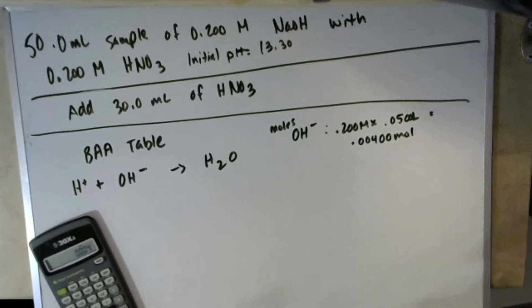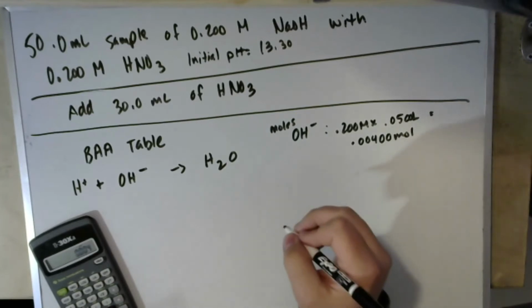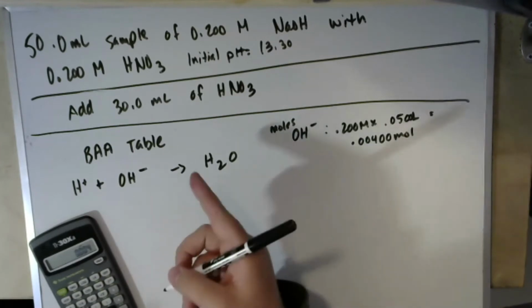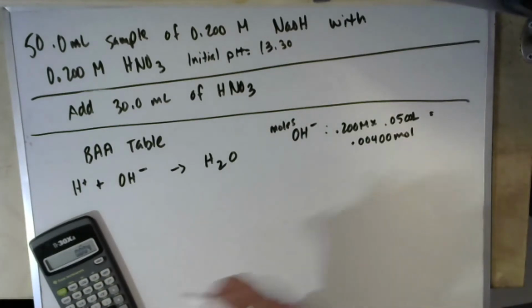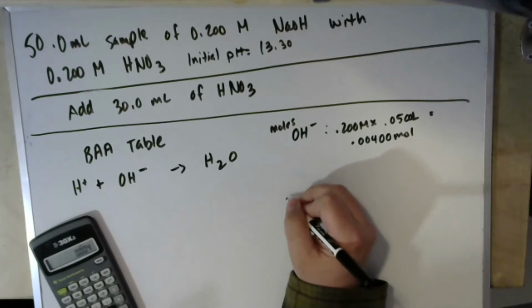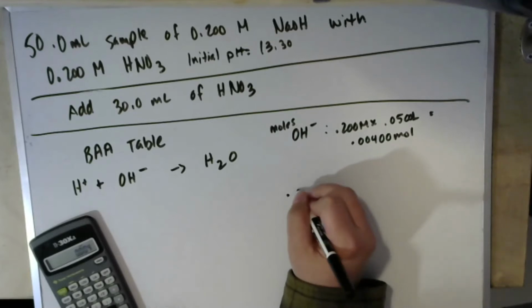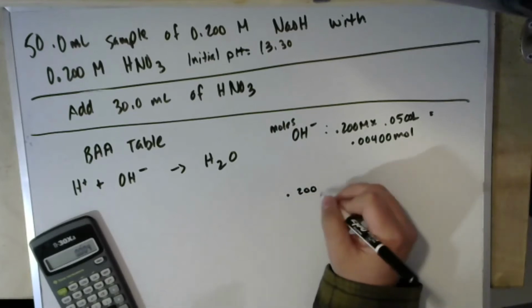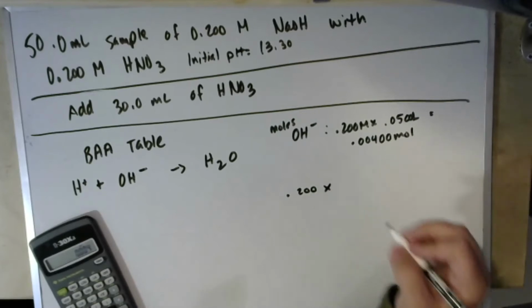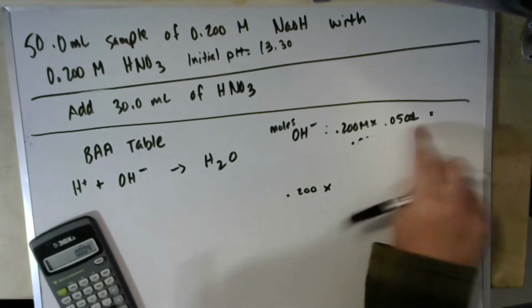Okay. We're going to do the same thing for the HNO3 because we're adding the 30 mLs there. So we have 0.2 molar. That's not right.